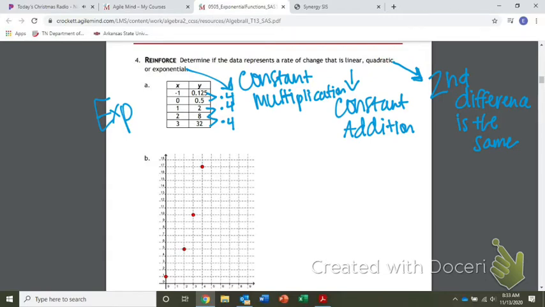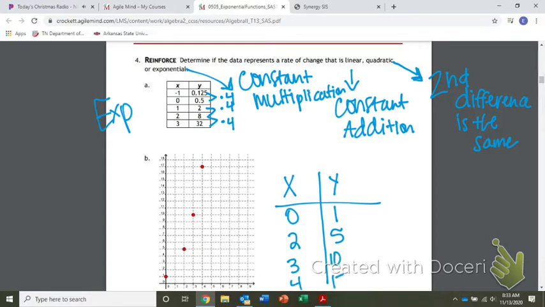All right, B. Go ahead and connect those lines. So let's see. The points we have are 0, 1, 1, 5, 2, 10, and 3, 17.